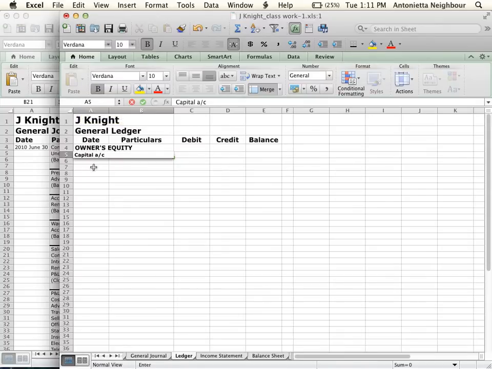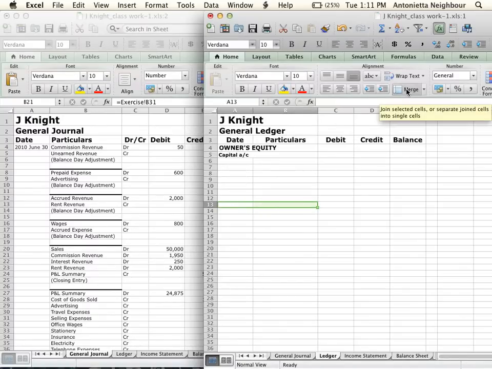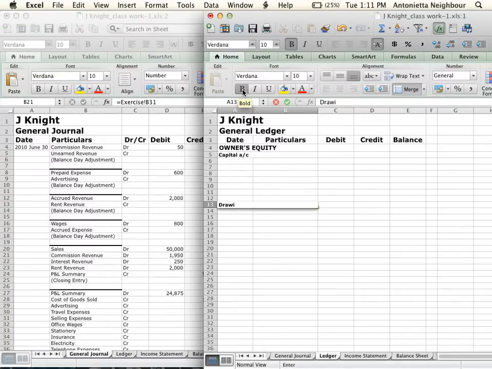Okay, capital account. I'd leave about 5 rows blank, and then we'll go to the drawings account. And then about 4 lines blank, it doesn't really matter.